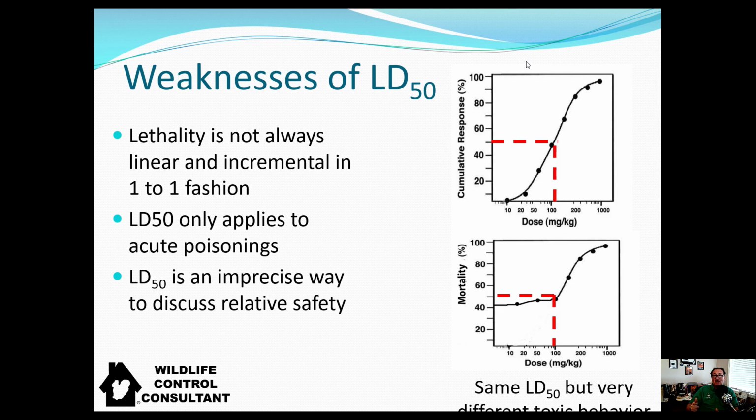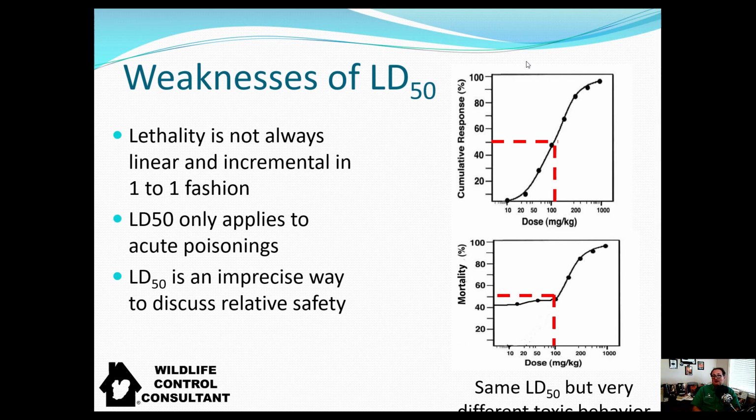It's not till you get up to over 100 milligrams a kilogram that you start getting into substantially more than 50% mortality. So don't tweak the label, but understand that the LD50 only gives you a snapshot of how toxic that animal is for 50% of the population. It doesn't tell you the whole toxicant profile.